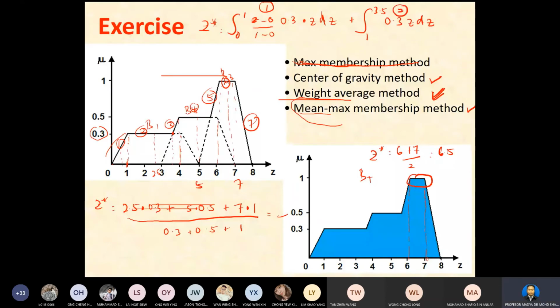Then equation number 3 will be like this: integration from 3.5 to 4. The equation you can put as z minus 3 divided by 4 minus 3, and the membership value is 0.5, z dz. This is for equation number 3.